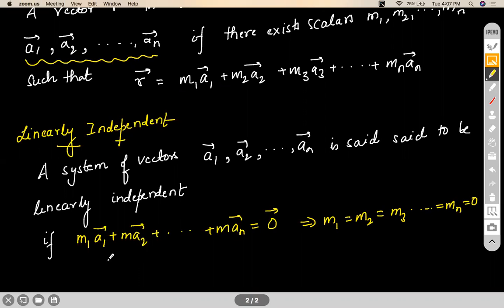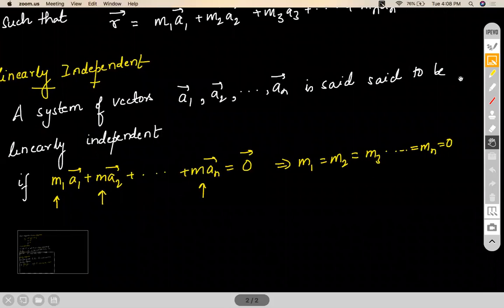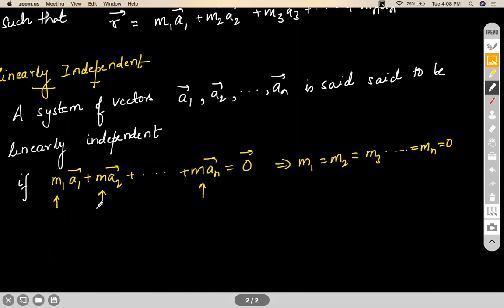That means if you try to take a linear combination of linearly independent vectors and equate it to a null vector, this can only happen when each of these scalar quantities over here are individually zero. Such vectors are said to be linearly independent. I can give you an example of it. Let's say your vector a1 is your i cap, a2 is your j cap. These are examples of linearly independent vectors.